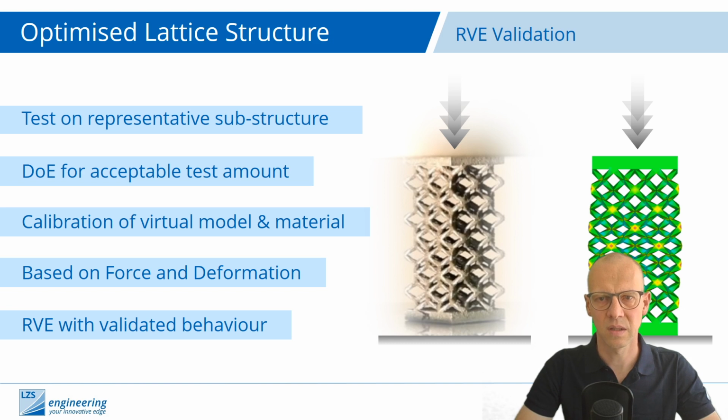And in the end, if you have proven your material model and validated it, you can derive a representative volume element and have now the option to use really validated RVEs in a larger scale simulation.